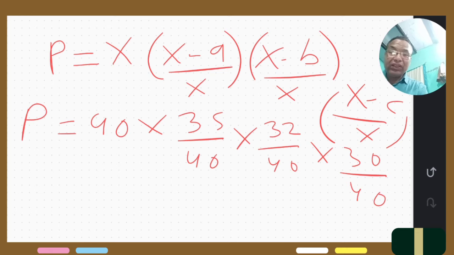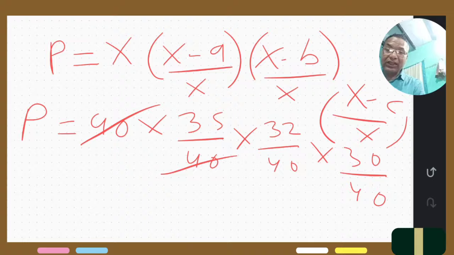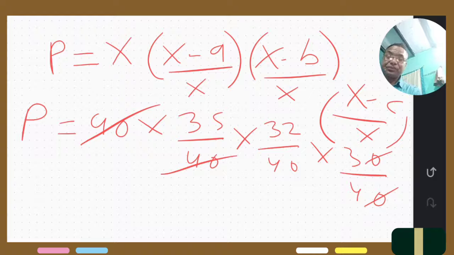This we are doing because every time from the 40 liters we are taking some quantity and merging and again making it 40 liters. So by doing so, this 40 will cut this 40, and this 30 0 will cut 40 is 0.